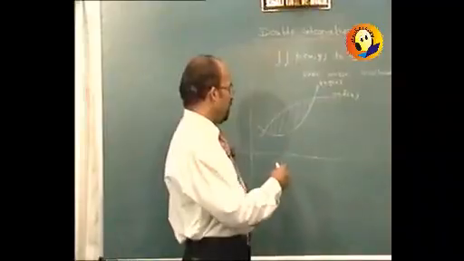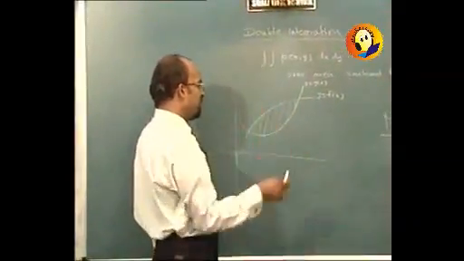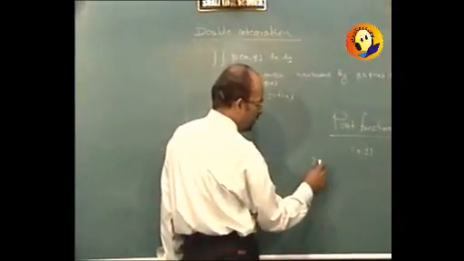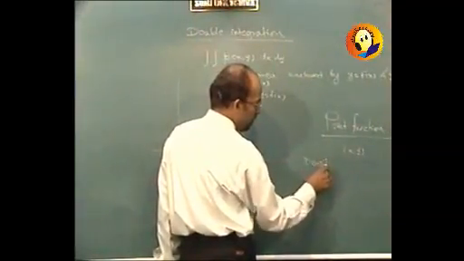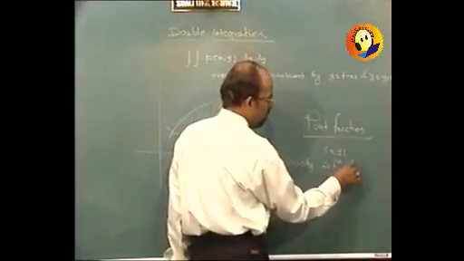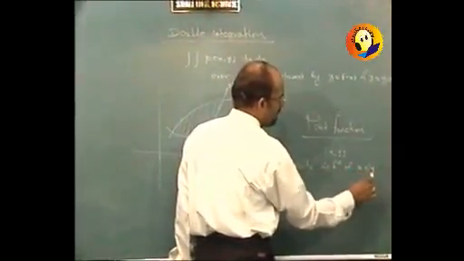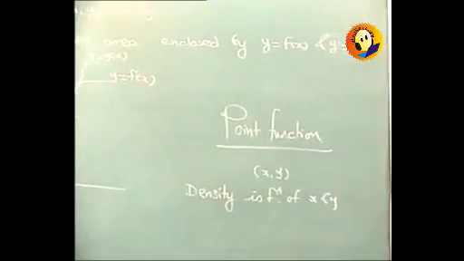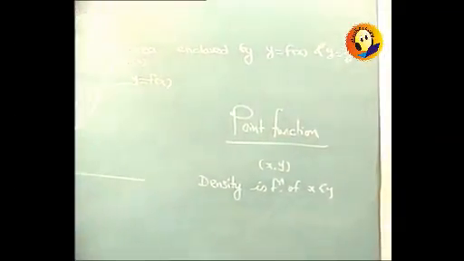Consider, for example, suppose this is the area that is given to us, and it is said that the density at a point is a function of x and y, that is the distance from the y-axis, which is the x coordinate, and the distance from the x-axis, which is the y coordinate.